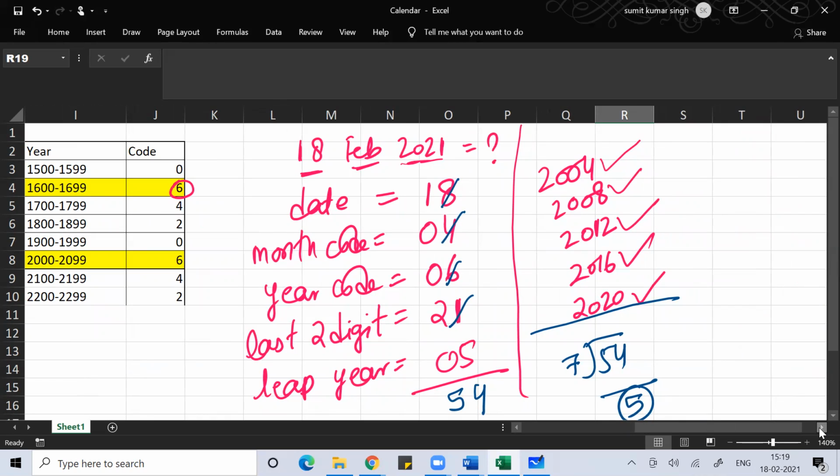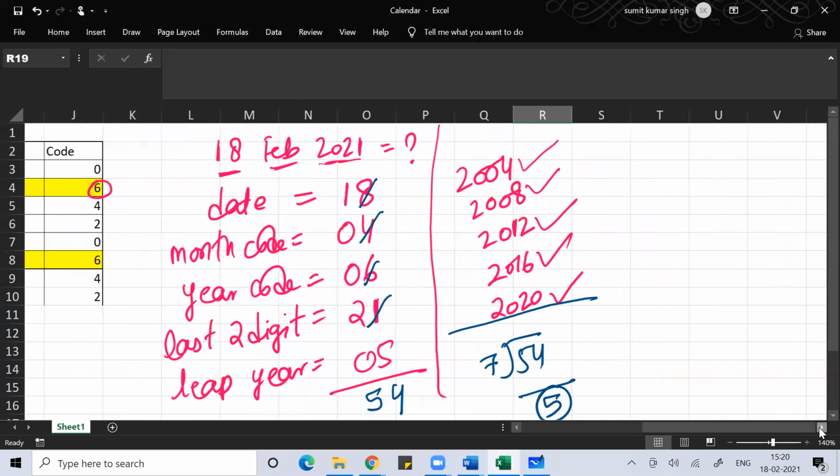Clear, everyone? Any doubt? Fine, I hope this part is clear to everyone.